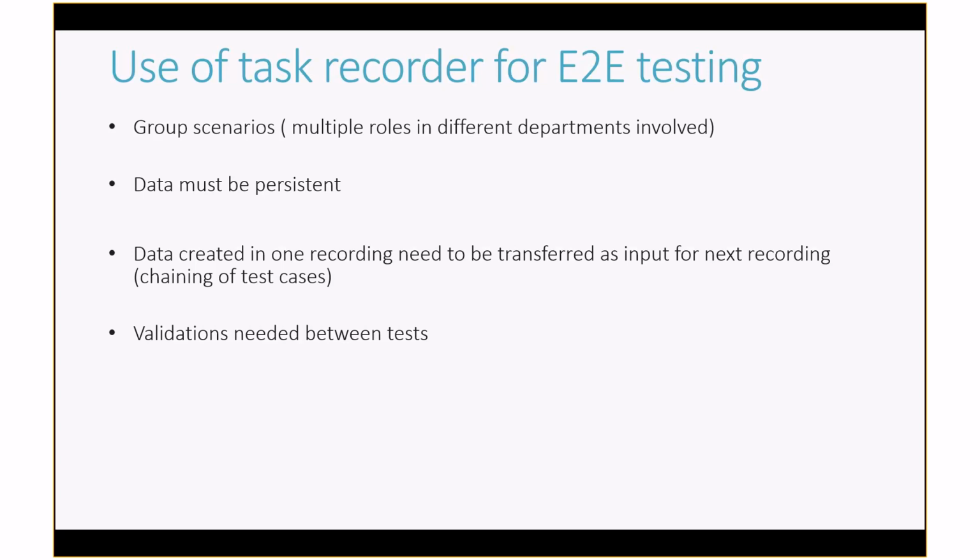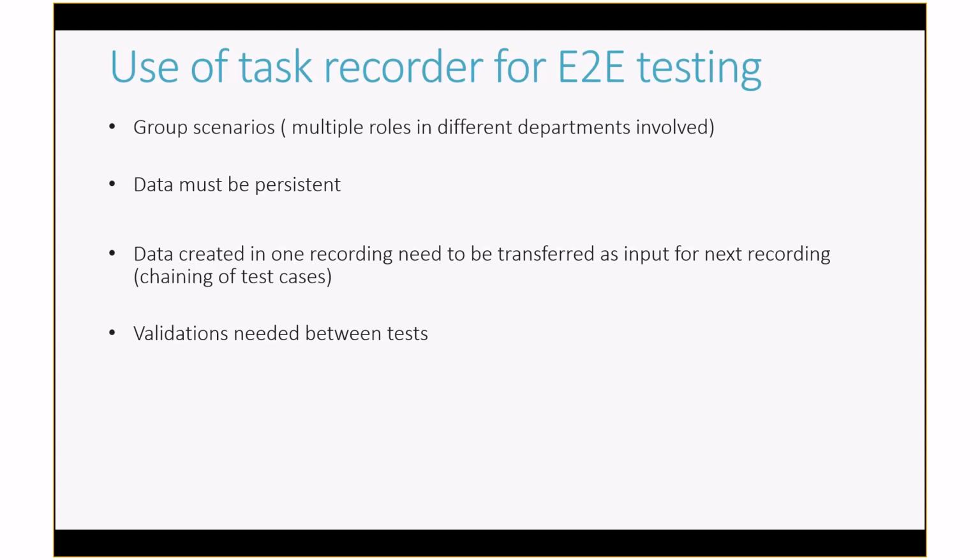A second thing is, because you have different recordings and so different playbacks, you need to be sure that your data is persistent. So if you create a purchase order in the buyer scenario, you need to find a way of passing the newly created purchase order and use it in your next scenario. And I'm coming to the next bullet point as well.